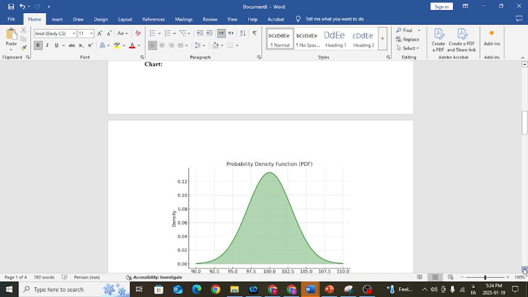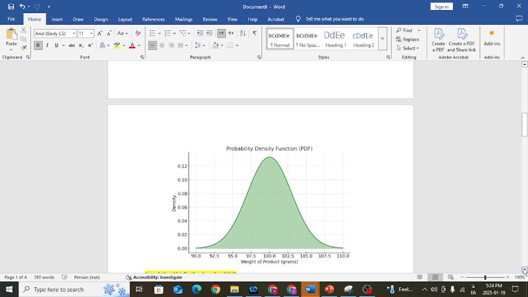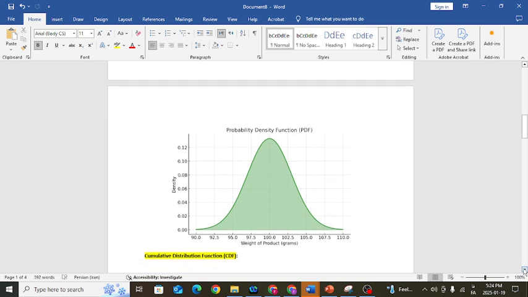So, I have a chart for this part where you can see the x-axis, the horizontal axis, shows the weight of products in grams, and the y-axis, the vertical axis, shows the density, the probability density.